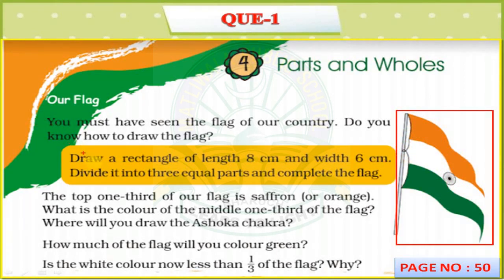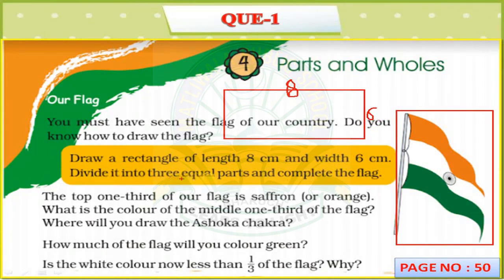Okay, so what we have to do: draw a rectangle of length 8 centimeter and width 6 centimeter. It means this is 8 centimeter long and this is 6 centimeter wide.